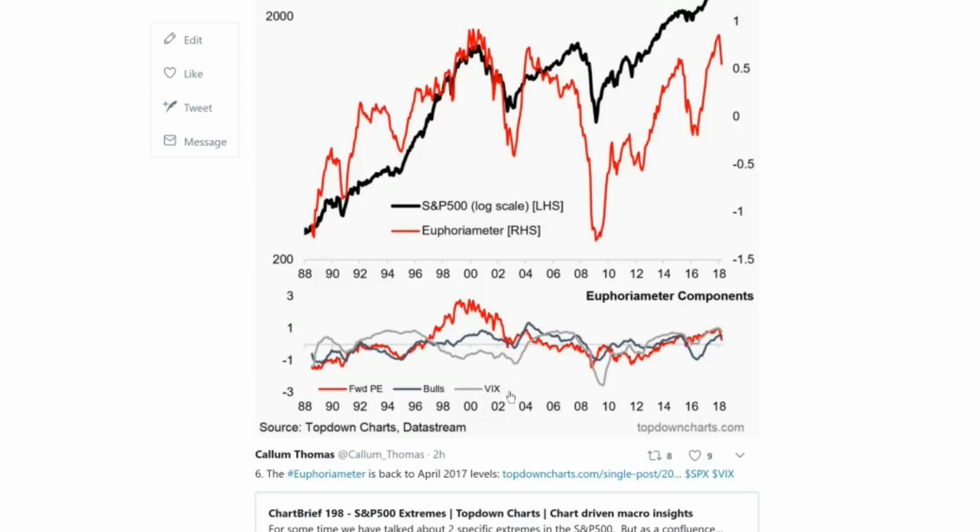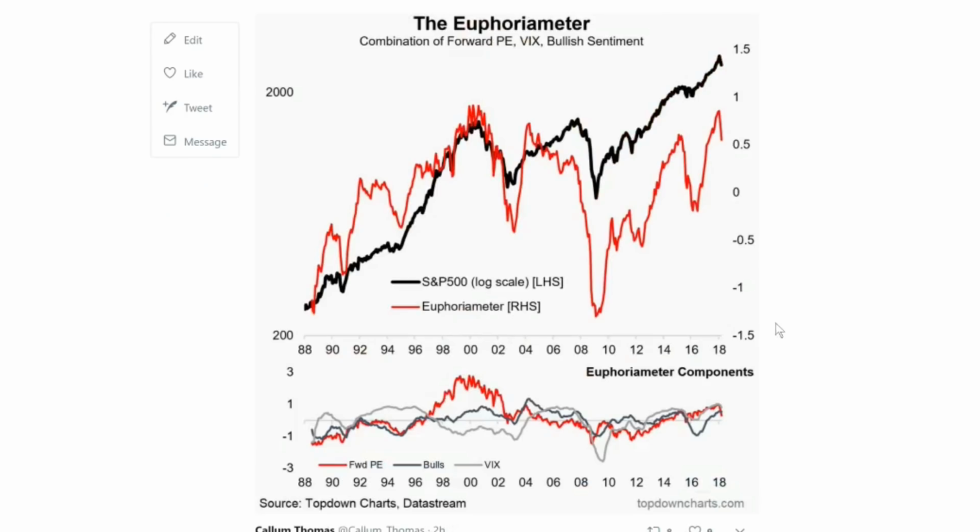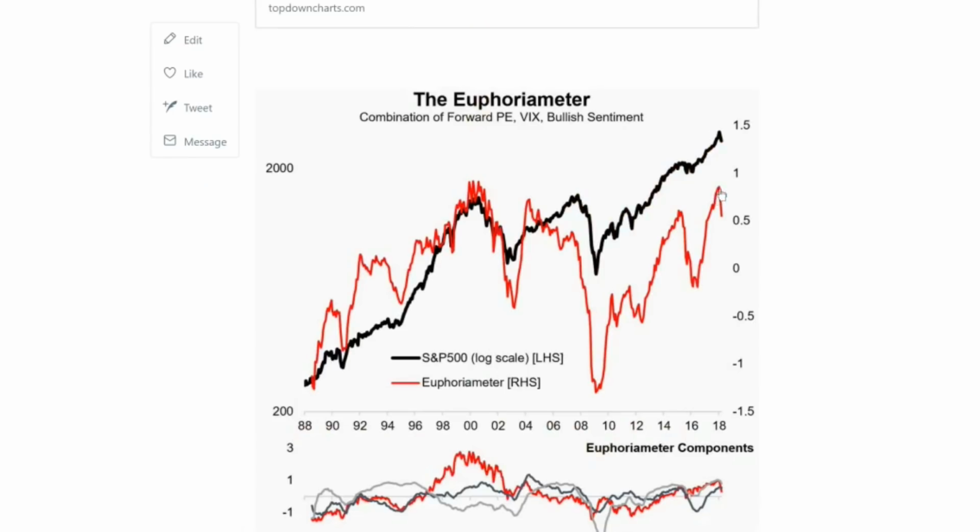By including these three different things, it gives you both a market view and a surveyed view of where investor sentiment is sitting. Quite interesting how it's come back from the highest point since the dot-com boom, almost reclaimed the highest there, not quite, but now it's gone back to April 2017 levels, and so it's completely unwound that last little bit of hype that drove that last leg of the bull market.